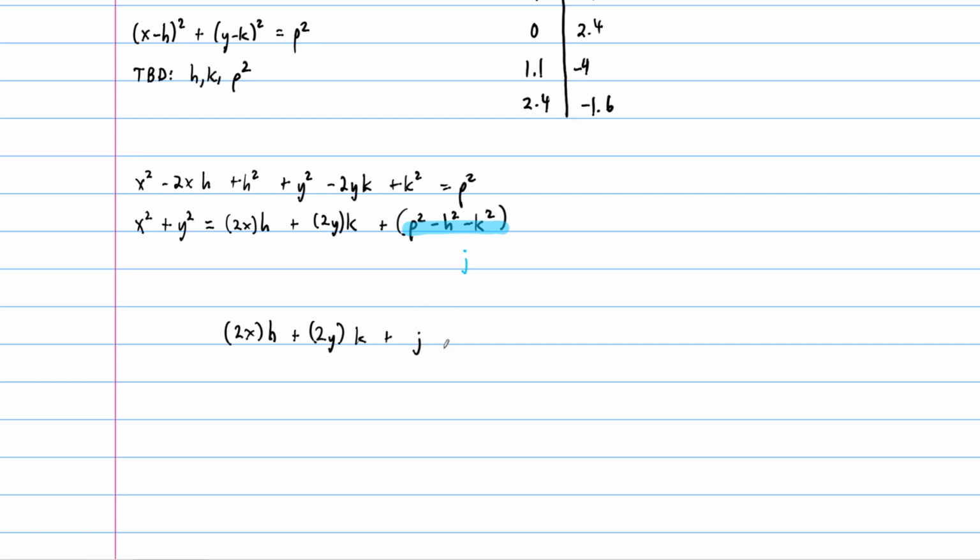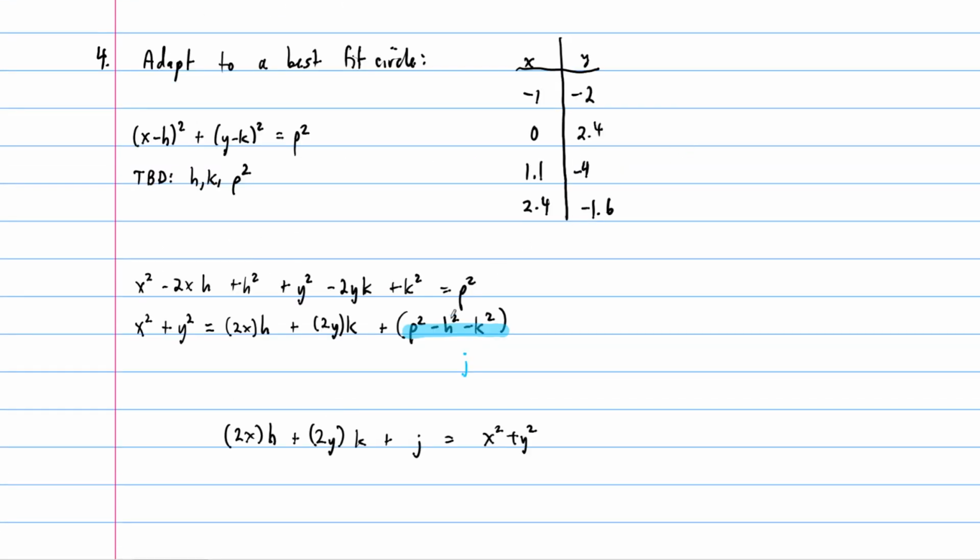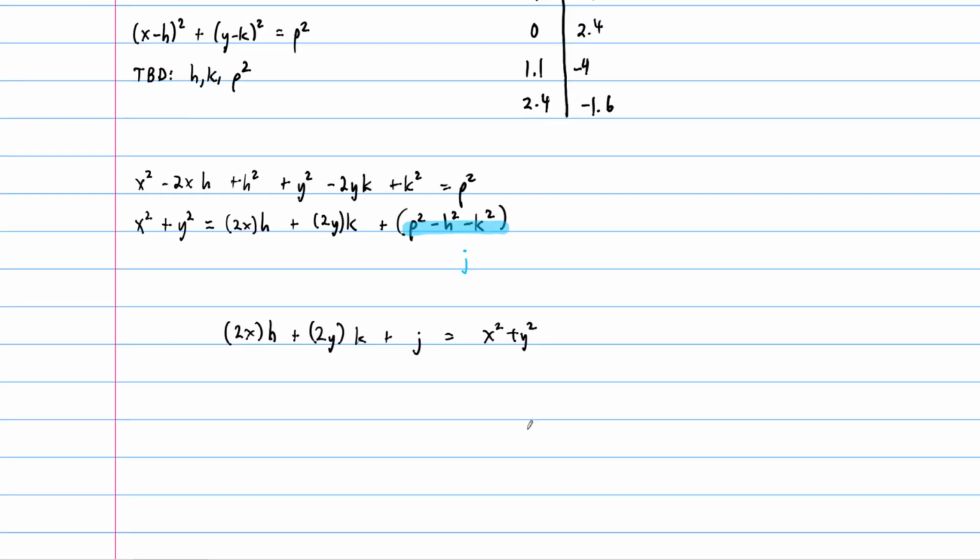This term j equals, so that's just 1j, by the way, right? Which is 1j equals on this side x² + y². Okay? So now to build our system, we just need to plug in this data for these coefficients, and then that'll give us our equations, right?